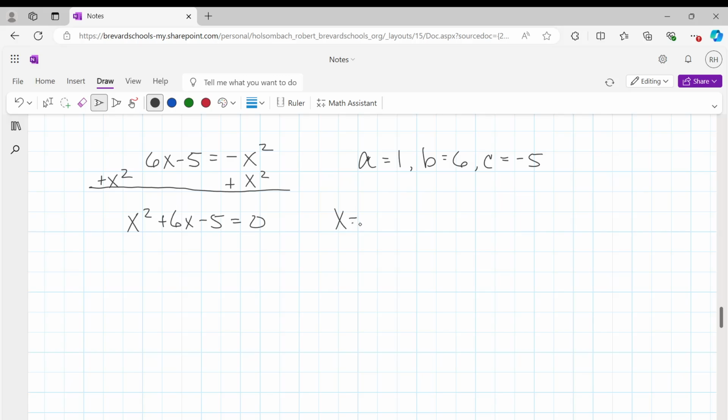So our x is equal to the opposite of b, which is negative 6 plus or minus b squared minus 4 times a times c, all of it over 2 times a, which is 1.